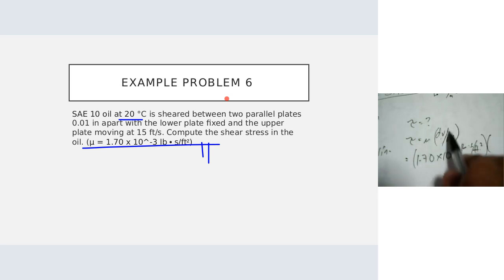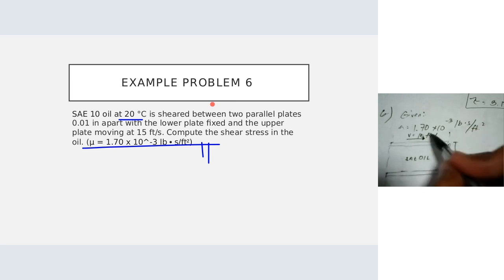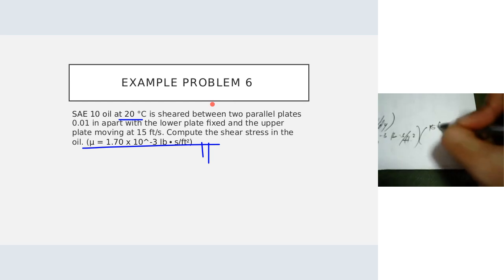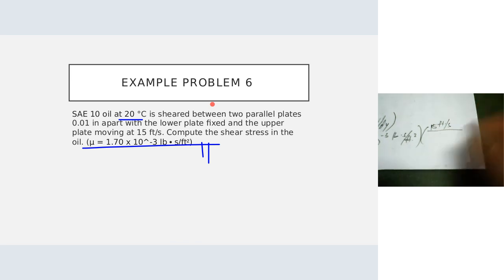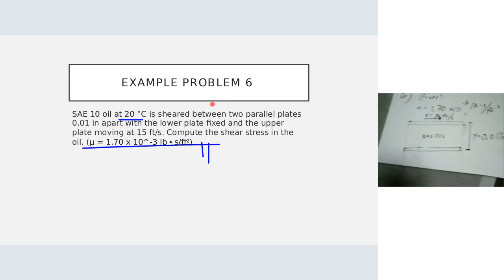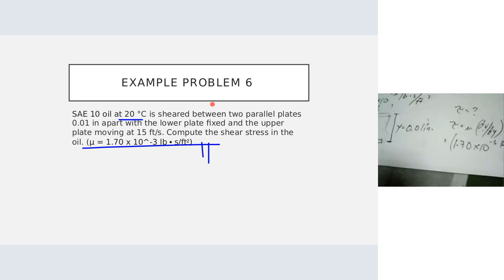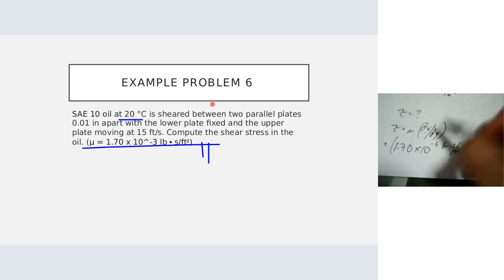We need the velocity, and we have a numerical value, that's 15 feet per second. And then we have the y, also given, 0.01 inch. That will be our dy.